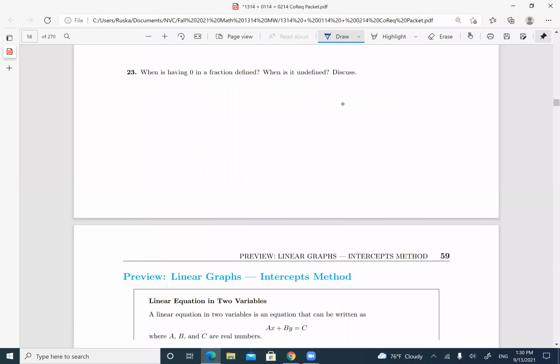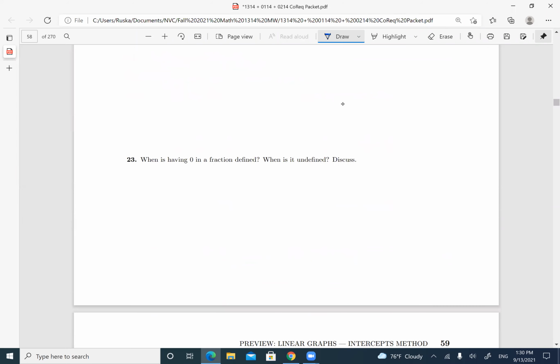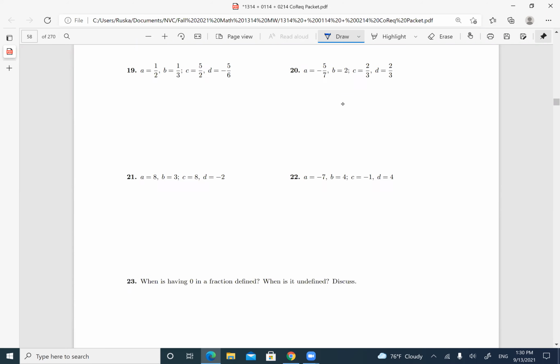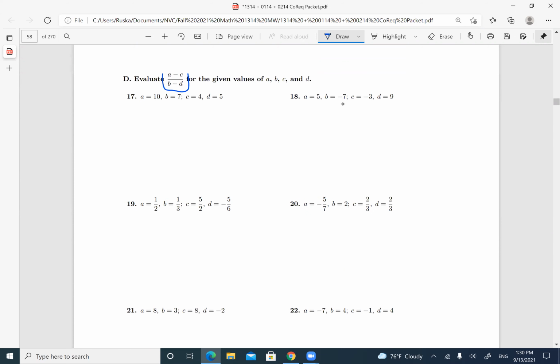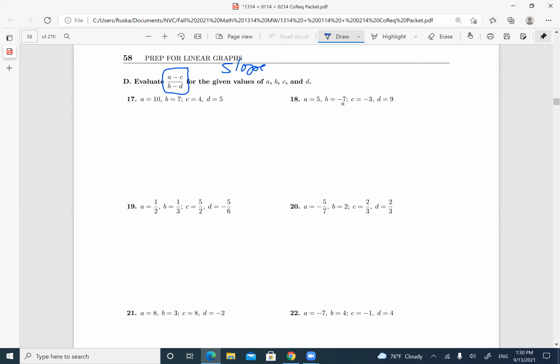So let's go ahead and do, I'm not going to do everything, I'm just going to do a few. I'm going to do one without fractions and one with fractions. So let's start with 17. So I'm plugging in A, B, C, D in this formula. So we have A is what? 10, minus C, what is C? 4, over B, 7, minus D is 5.